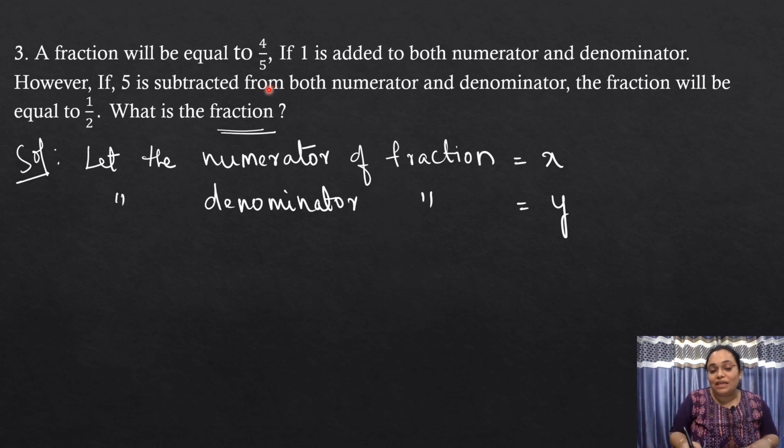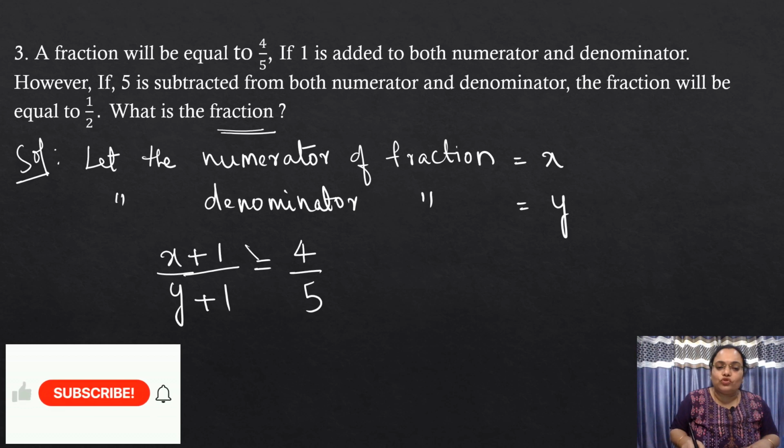Now let us form the equation. What is the fraction? x by y. If you add 1 to both numerator and denominator, so x plus 1 and y plus 1, the fraction will be equal to 4 by 5.